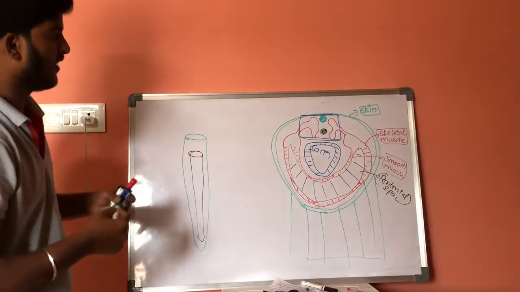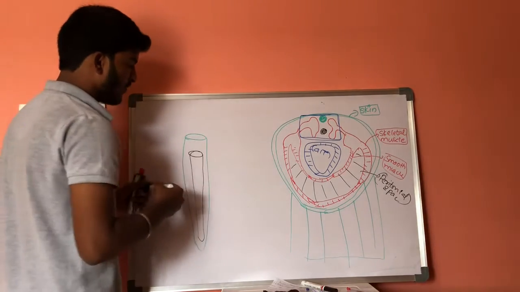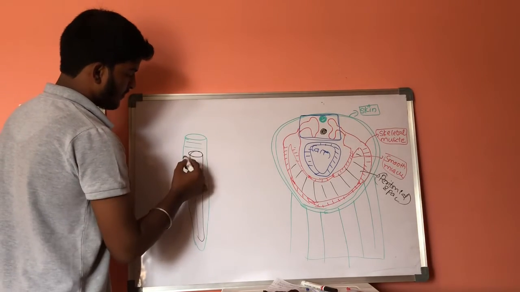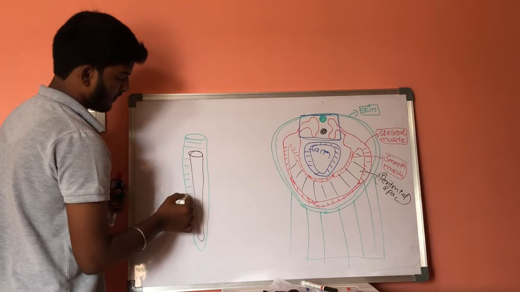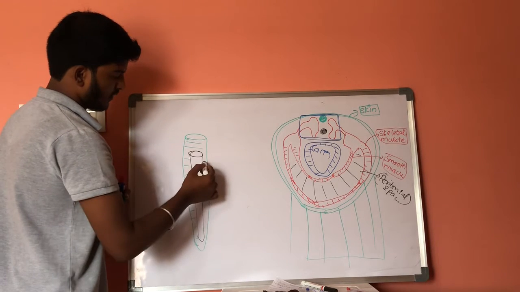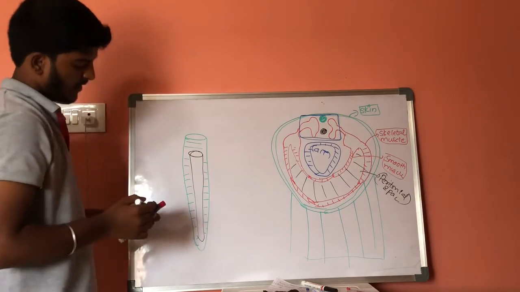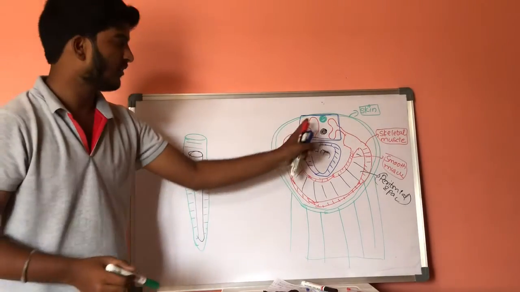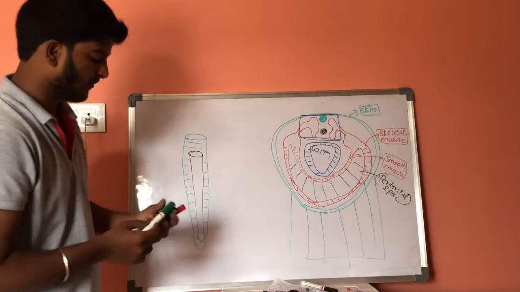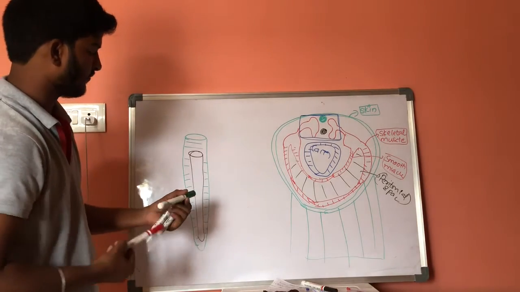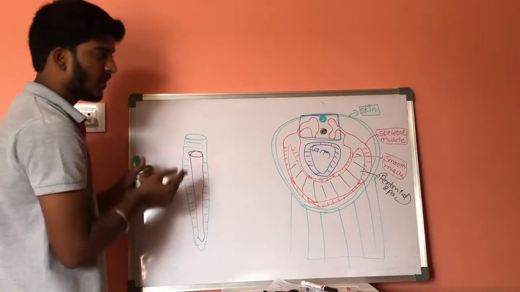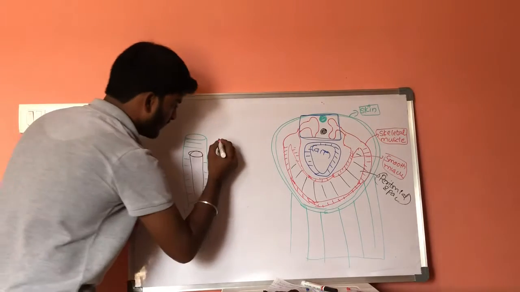Coming lateral to this, there is the paraxial mesoderm. This paraxial mesoderm is present in cuboid forms.